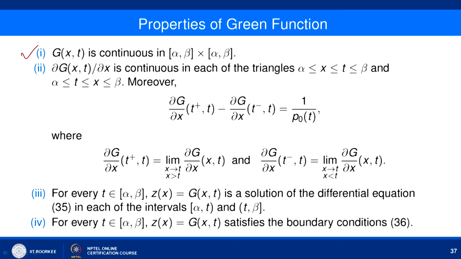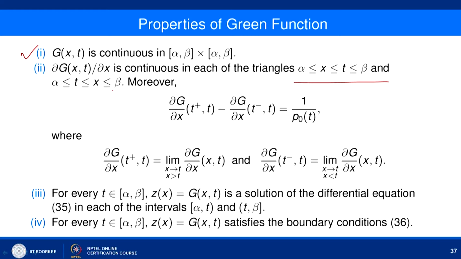The first property is that G(x,t) is continuous in [alpha, beta] cross [alpha, beta]. Here x is in [alpha, beta] and t is in [alpha, beta]. So, G(x,t) is continuous in this rectangle. Now, the partial derivative of G with respect to x is continuous in each of the triangles, that is x less than or equal to t, and alpha less than or equal to t less than or equal to x less than or equal to beta.